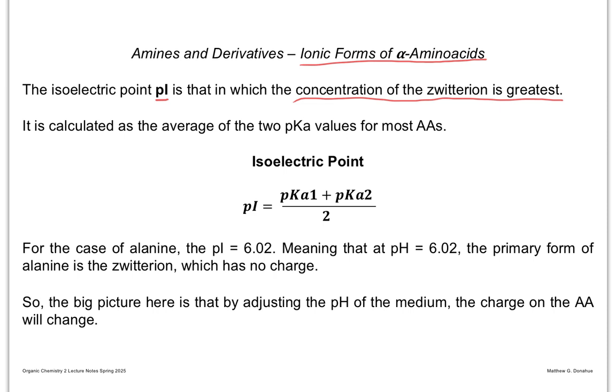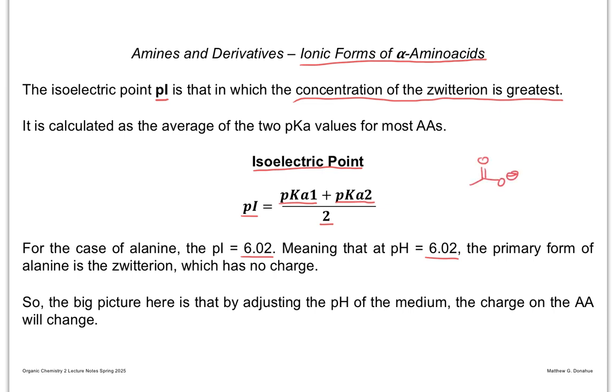The isoelectric point, pI, is calculated as pKa1 plus pKa2 divided by 2. So in the case of alanine, which we just looked at, the pI value is 6.02. So at pH 6.02, the primary form of alanine is the Zwitter ion, and that has no charge.